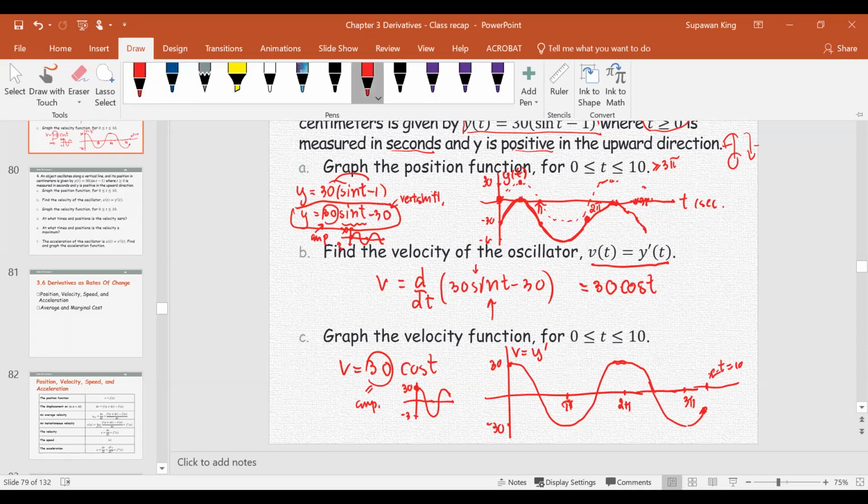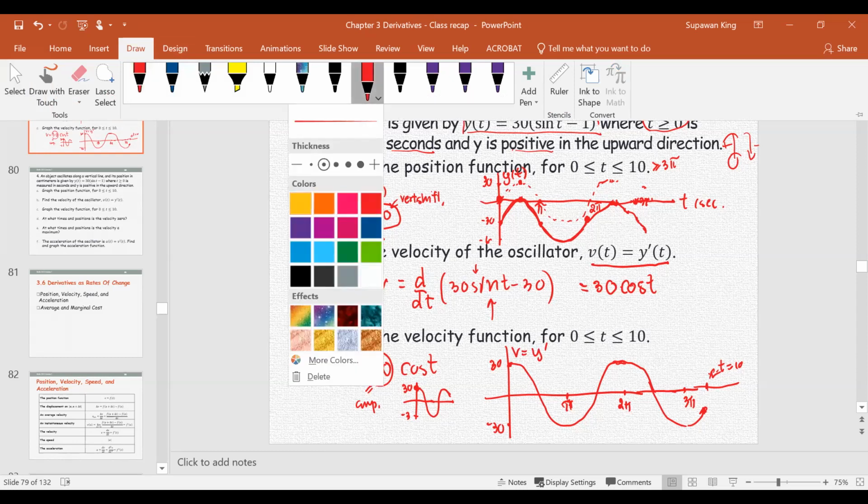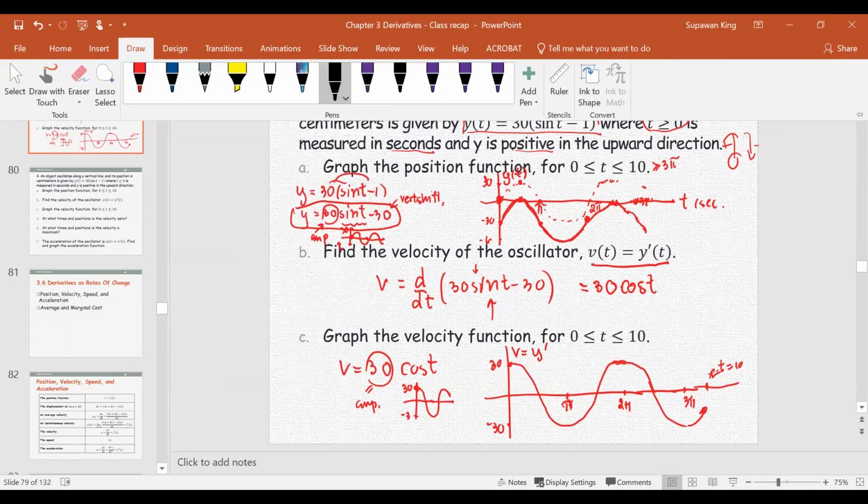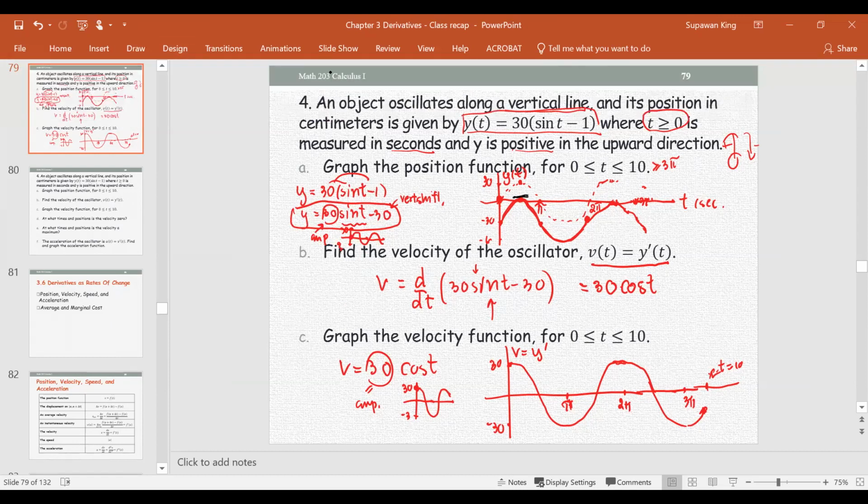Wherever the slope is 0, you see right there, right there, right there. That means at pi over 2 the slope is 0. That is the point where y prime equals 0, or v equals 0.